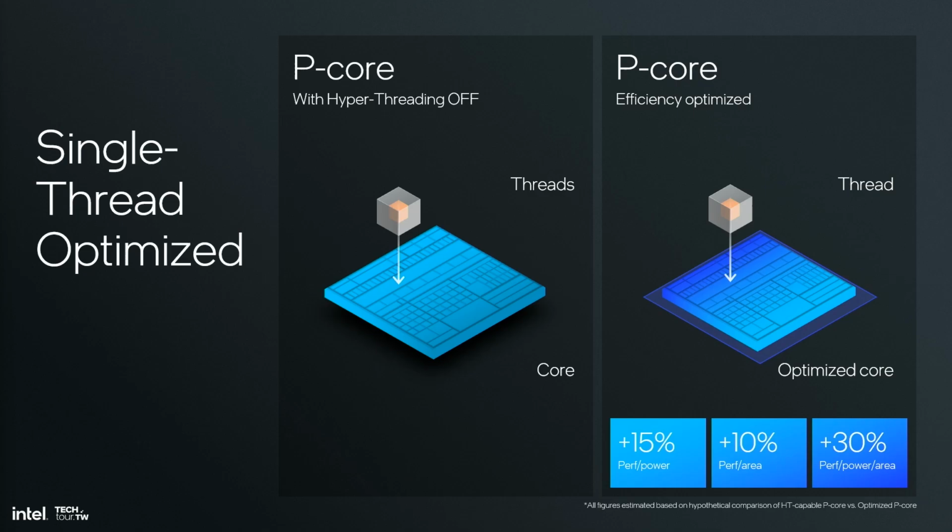Now, this is pretty intuitive. But what may be surprising is that even when hyperthreading is enabled, the single-threaded optimized core is more than 5% ahead in PnP and more than 15% ahead in performance per power per area. As you see, hyperthreading still wins in performance per area, which is why it makes sense in a non-hybrid system where all you have is P-cores.